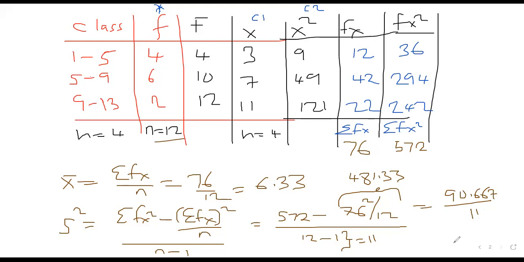So our variance in this case will be 8.2424. This is how we calculate our variance. This is how we find the variance.